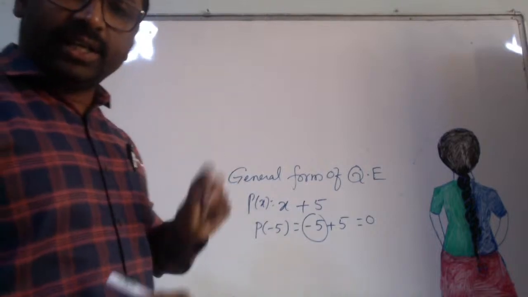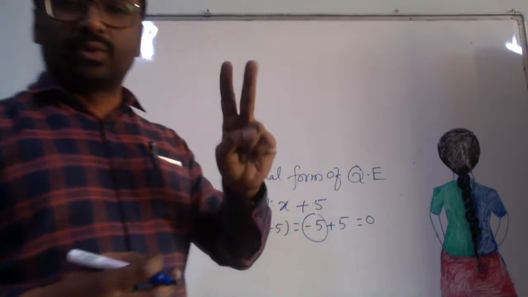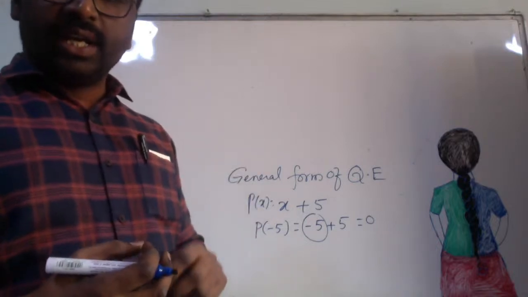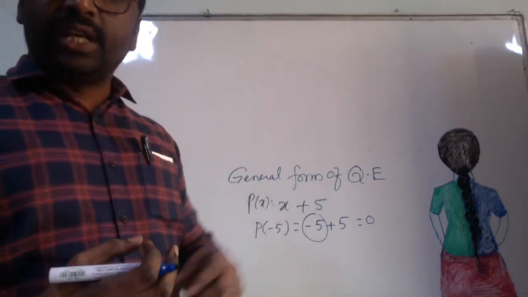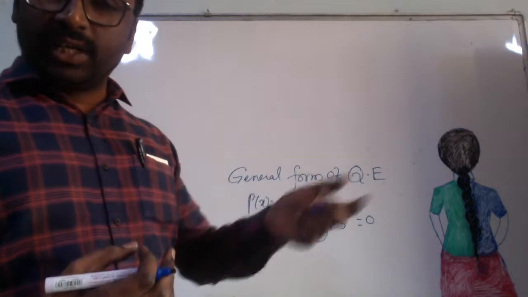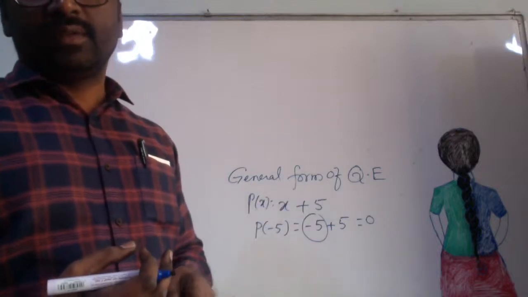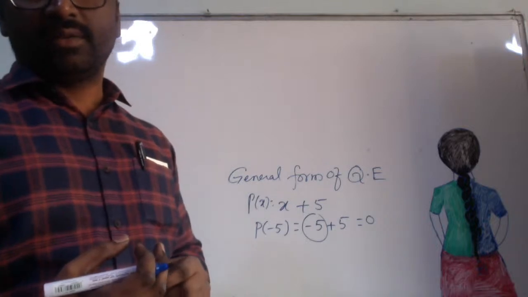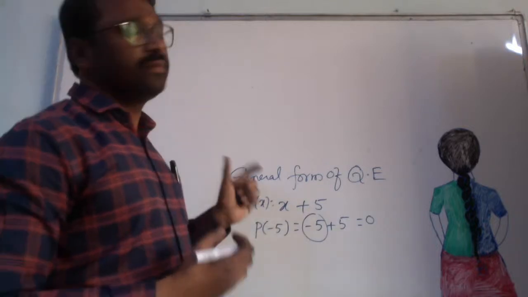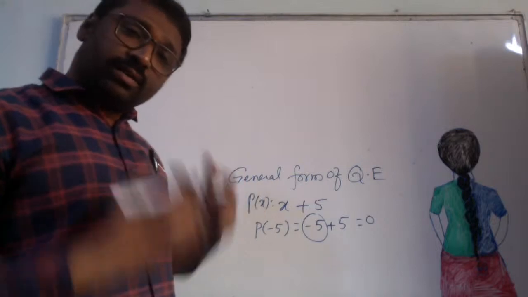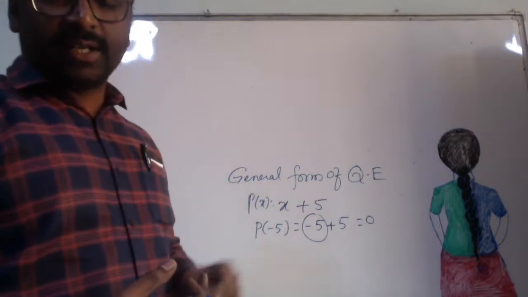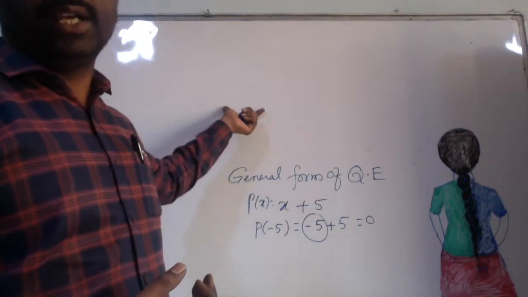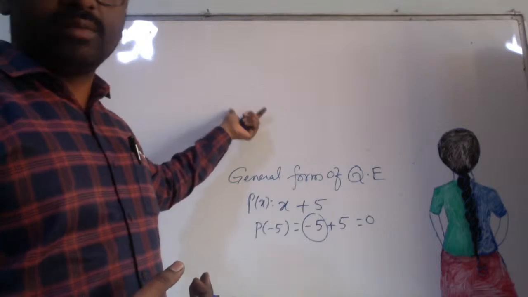If it is second degree, it has two roots or two solutions. Degree 3, 3 roots. Fourth degree, 4 roots. First degree, linear, that means only one root. So the number of zeros or solutions of the equation depends on the degree of the equation or polynomial.